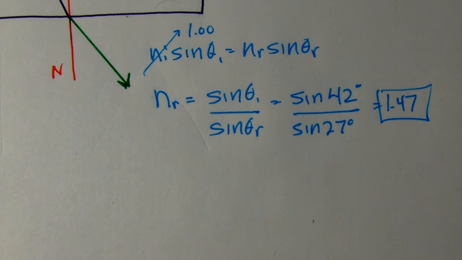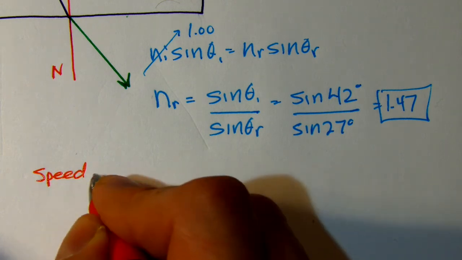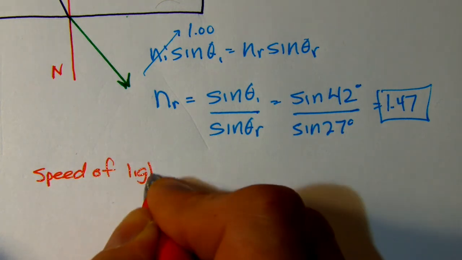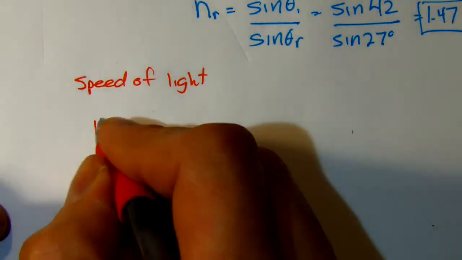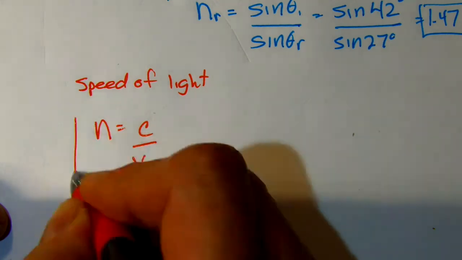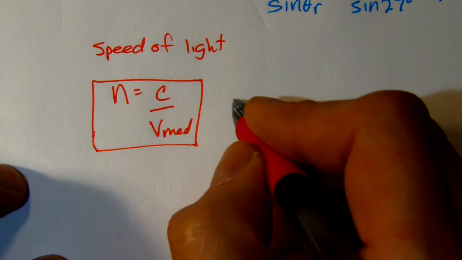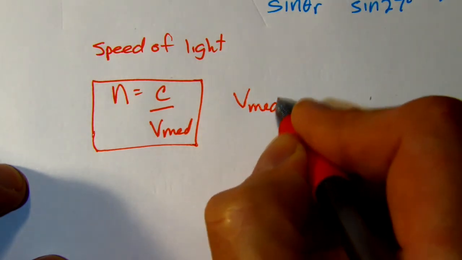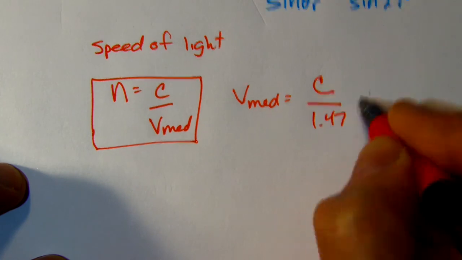What you could also do is figure out the speed of light in that substance. We know the speed of light in a vacuum is 3 times 10 to the 8th, but we have this relationship here. So what is the speed of light in that medium? This is pretty straightforward for you guys, right? Speed of light would be this over 1.47.